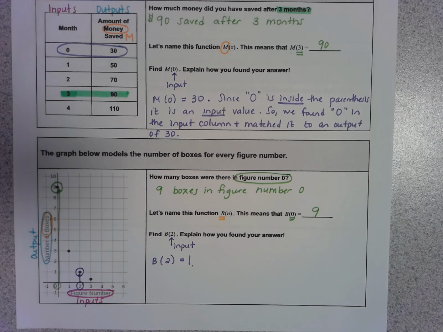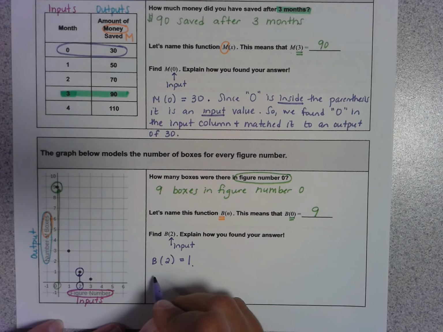Now, explain how we found our answer. So just like before, we started by recognizing that the number 2 was inside the parentheses. So since 2 is inside the parentheses, it is an input value.